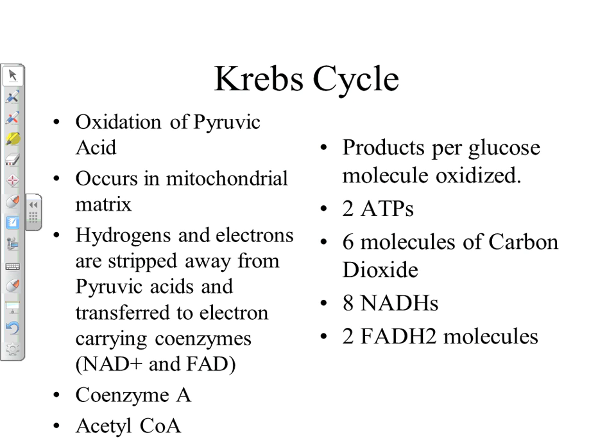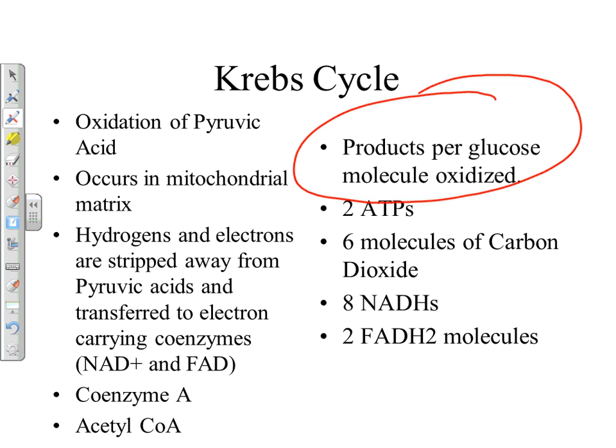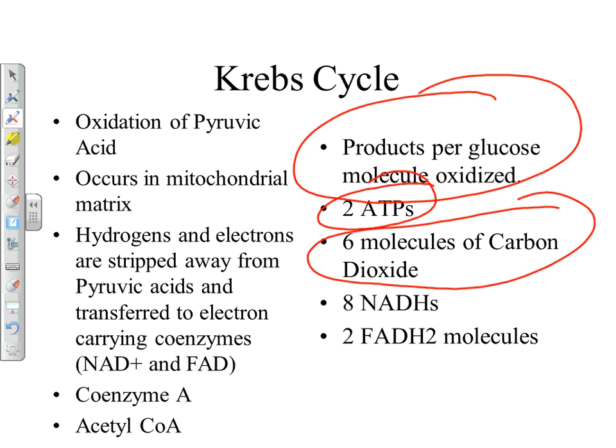Now I'm lumping together in this slide Krebs cycle and the preparatory step. I'm going to kind of lump those 2 together. Preparatory step and Krebs cycle. Oxidation of pyruvate is what's going on there. So per glucose that we start with, during the prep step and Krebs cycle put together, we make a total of 2 ATPs per glucose. 6 CO2s are released, which makes sense because how many carbons did we start with in glucose? 6.